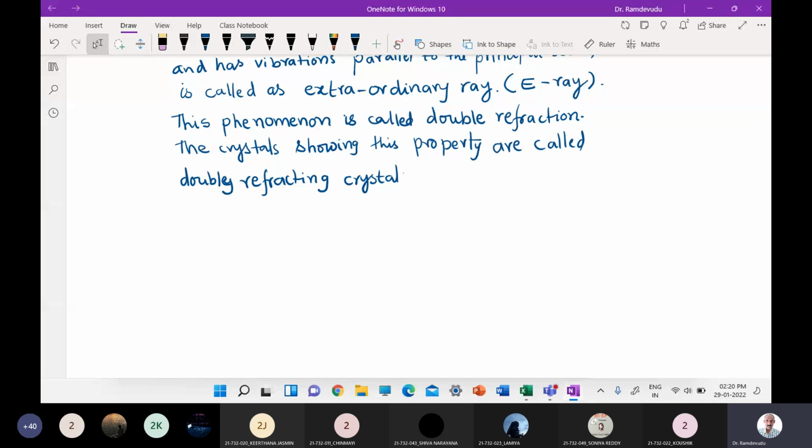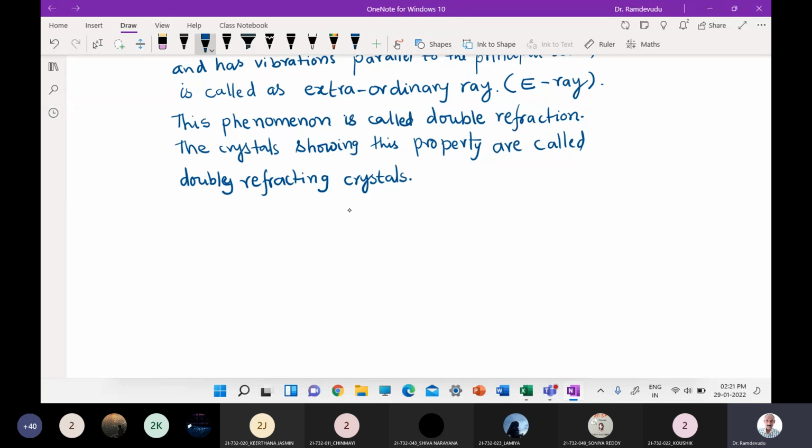And they produce an ordinary ray, O ray, and E ray. O ray is obeying the ordinary laws of refraction, whereas E ray does not obey. And O ray will have vibrations in the perpendicular plane to the principal section, and E ray will have vibrations parallel to the principal section.